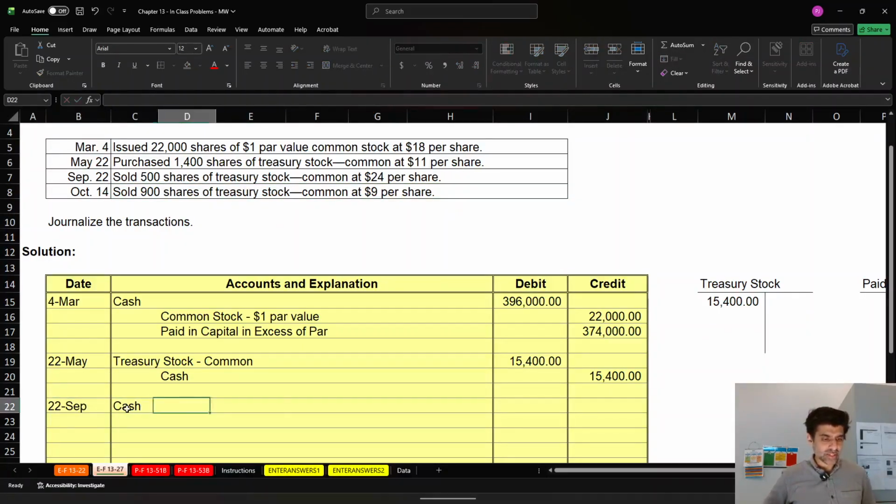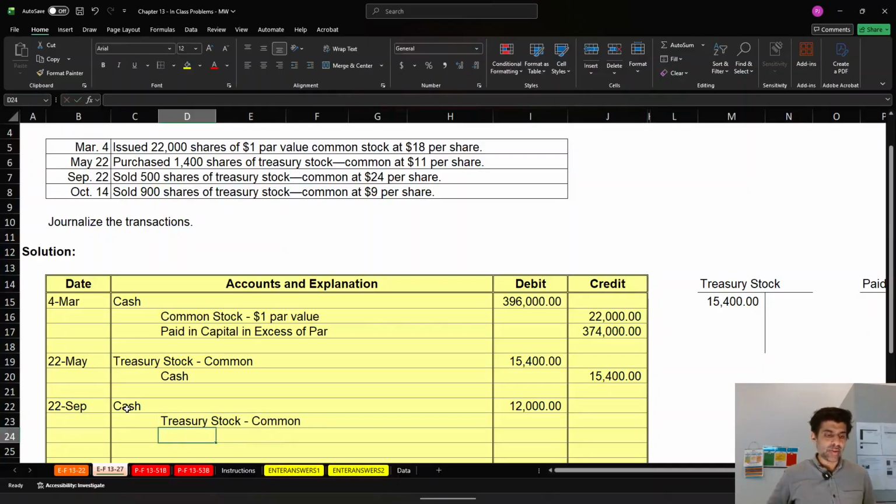We're going to get cash, $24 a share times 500 shares. We're giving up treasury stock. And again, this account is always going to be accounted for at the cost basis, like the cost per share. So we bought these at 11 and we are selling them.